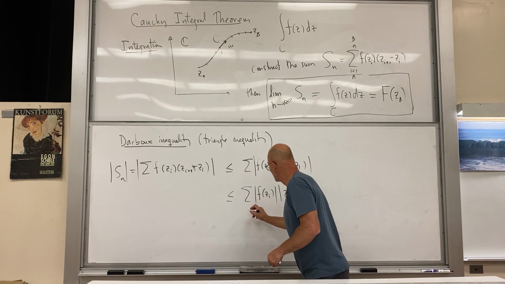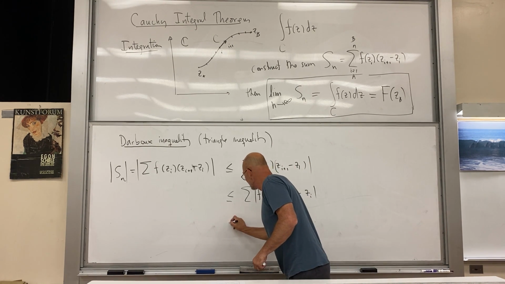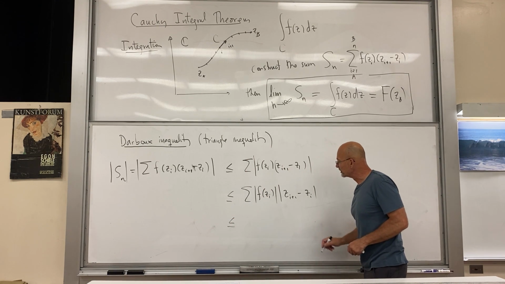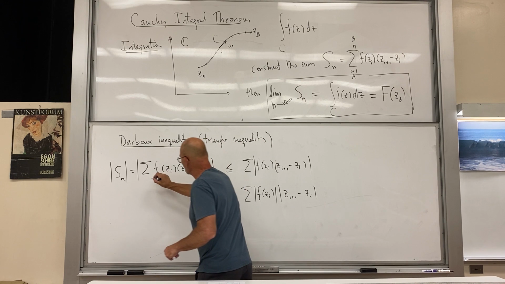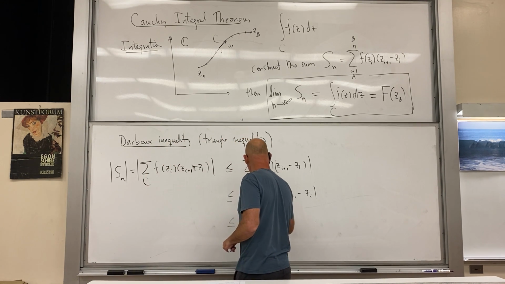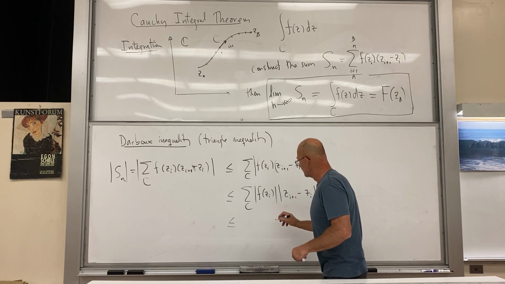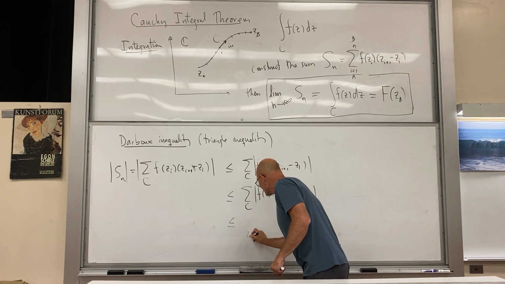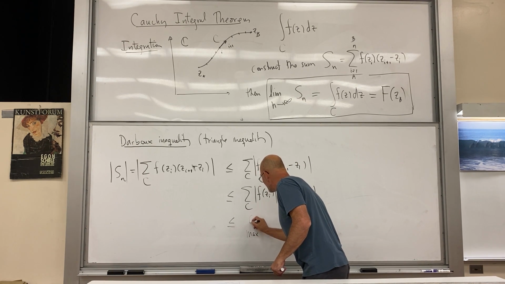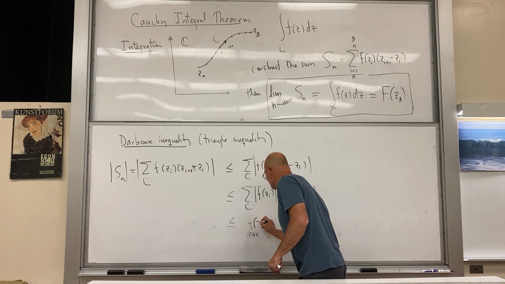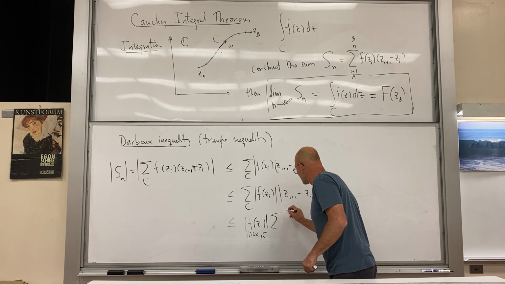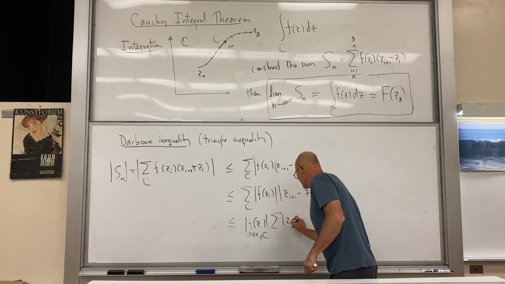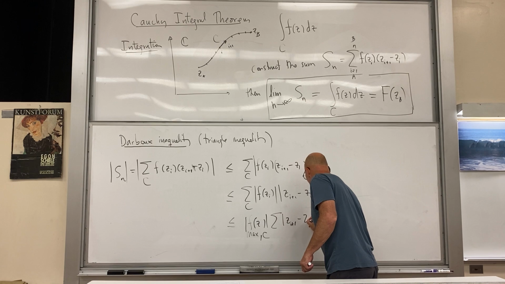And now, this again will be less than or equal to the maximum. Let's just say we're doing this on a curve, on a contour, I'll just put C there. So this is less than or equal to the maximum magnitude of f of z along that contour times the sum over these magnitudes of z sub i plus 1 minus z sub i.